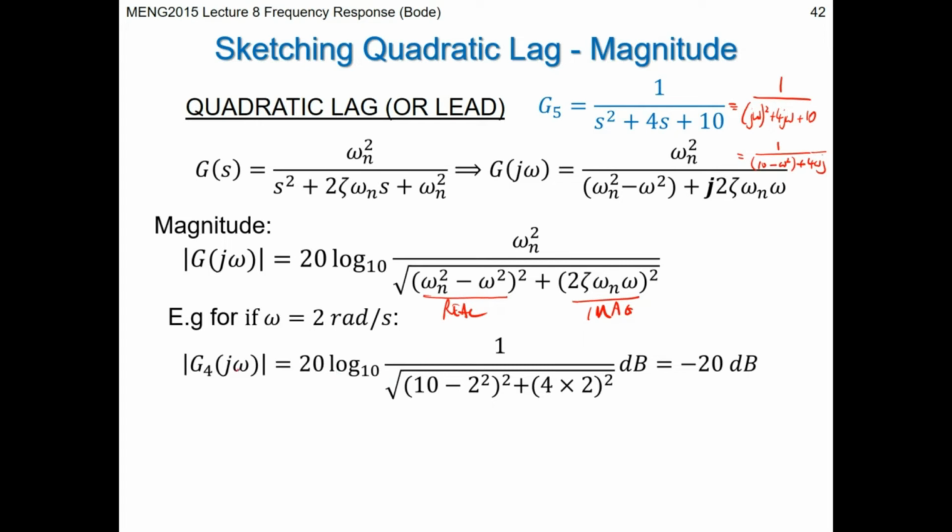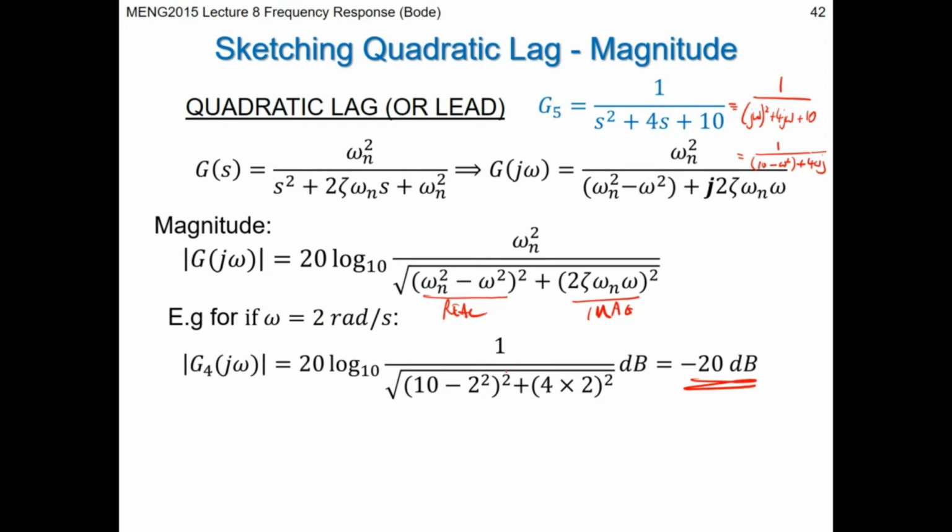So if we take the magnitude of that, then this is the real part, this is the imaginary part, because we're applying omega equals 2 radians per second, right? So it's going to be 1 over our real part squared and our imaginary part squared, all square rooted, and it comes out to minus 20 decibels, right, when you work that through.